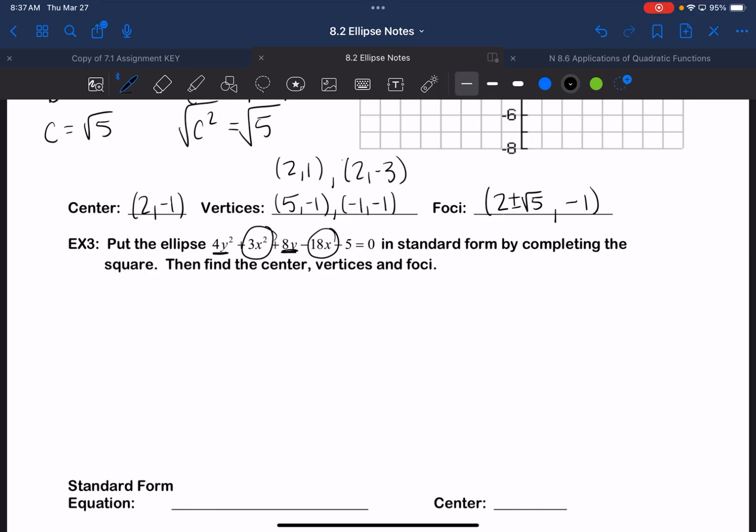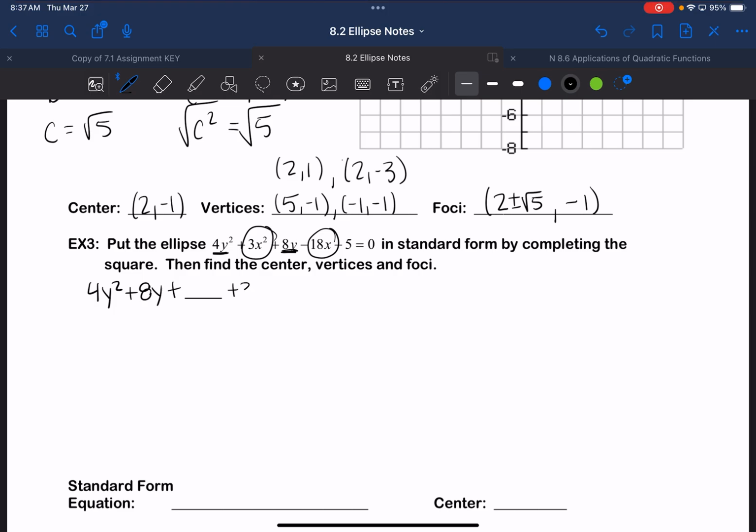Okay, so I'm going to have 4y squared plus 8y. And then I'm going to put a plus blank with that. Okay? But on the same side, because in the equation we're supposed to have both of them on the same side, I'll follow that up with the same thing for the x's.